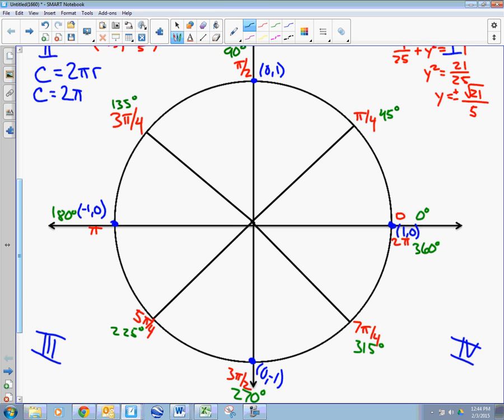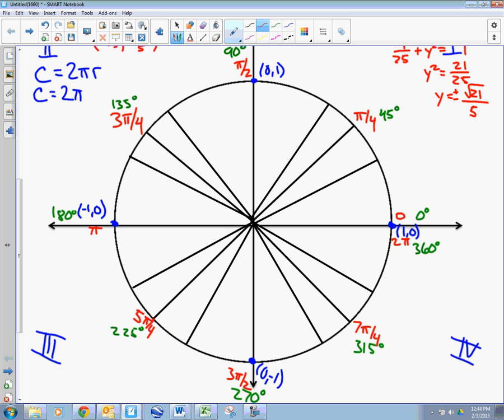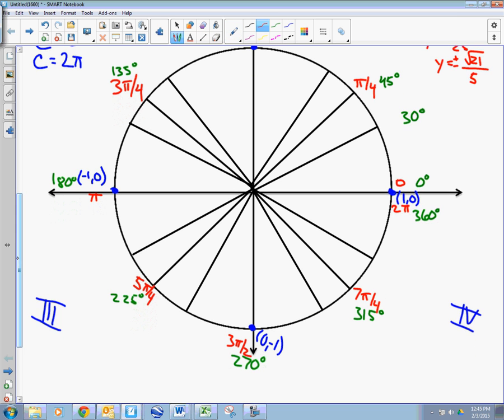So if I create a 30-degree angle, and a 60-degree angle, just going to draw a bunch of them in here real quick. All right. So you can understand this.